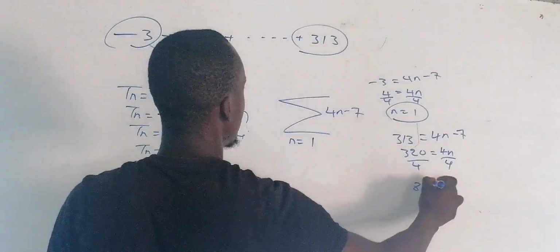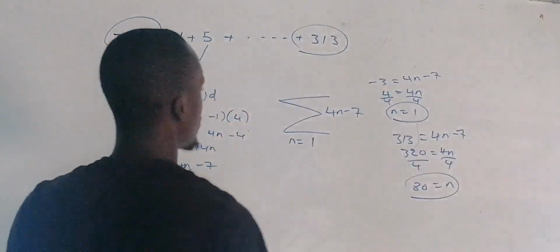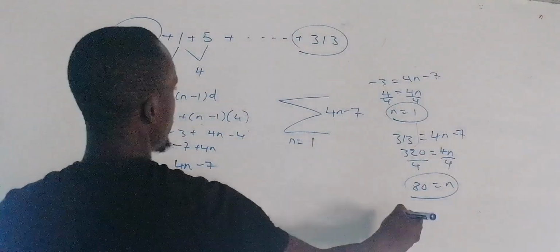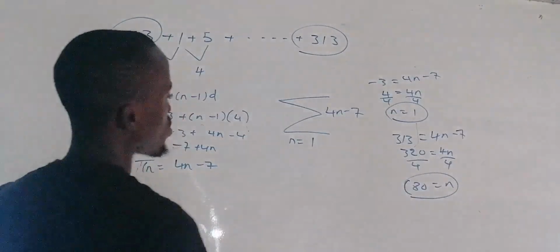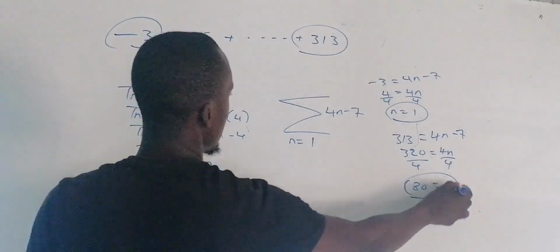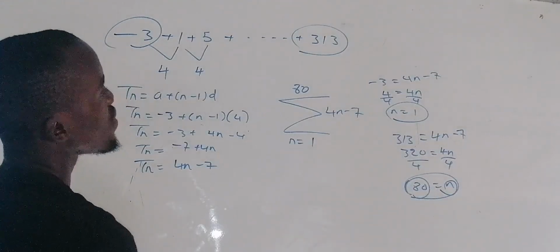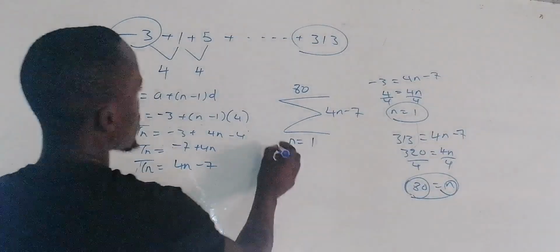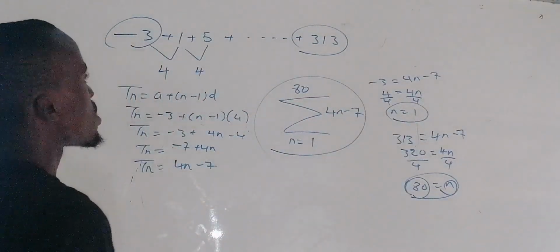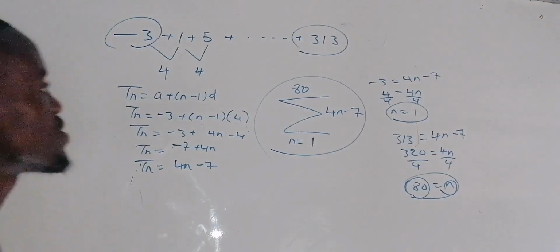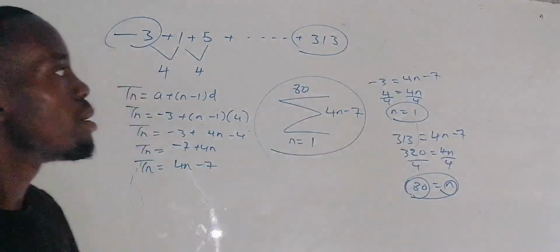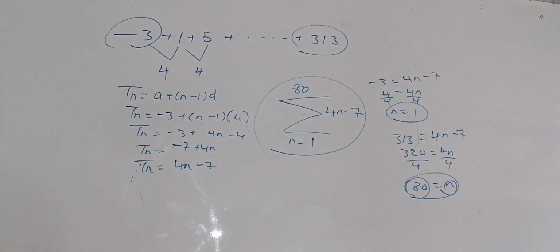I don't know if it's 80. I'm not sure. So if it's not 80, it's that answer that you got in your calculator. You don't take the n, only take the 80, you write it here. I don't know if you understand that. So this is how you are doing the sigma notation. So the number of terms will be 80 minus 1 plus 1, which is 80.